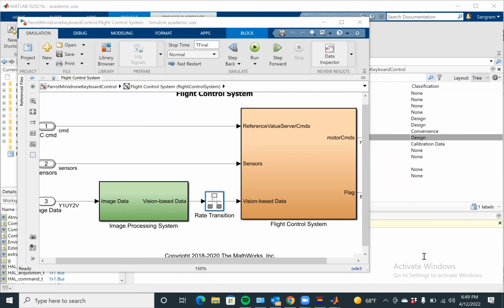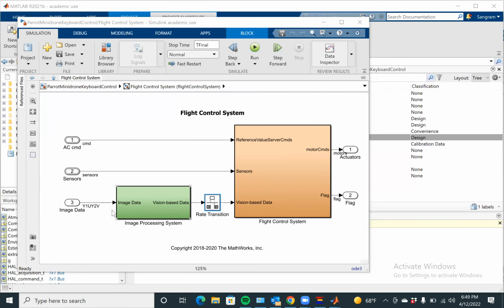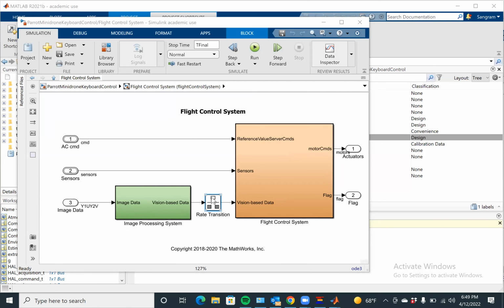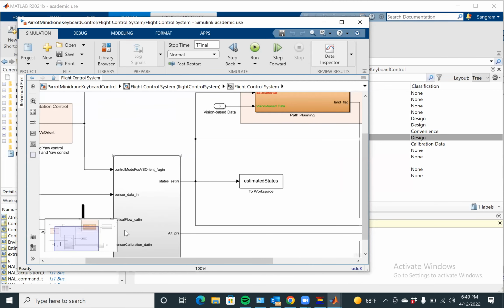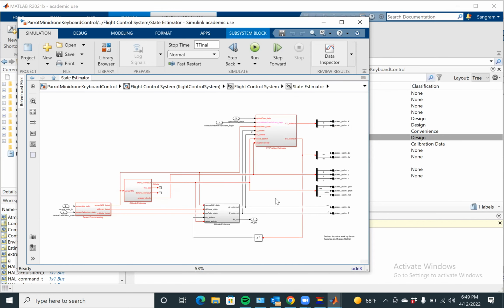So this is the vision based. Basically what you have is this incoming image data that goes through the rate transition, and that gets converted to the high dimensional data that gets fed into the controller logic. And one thing I want you to know is that there is this optical flow that comes into this block, and there is this optical flow algorithm.